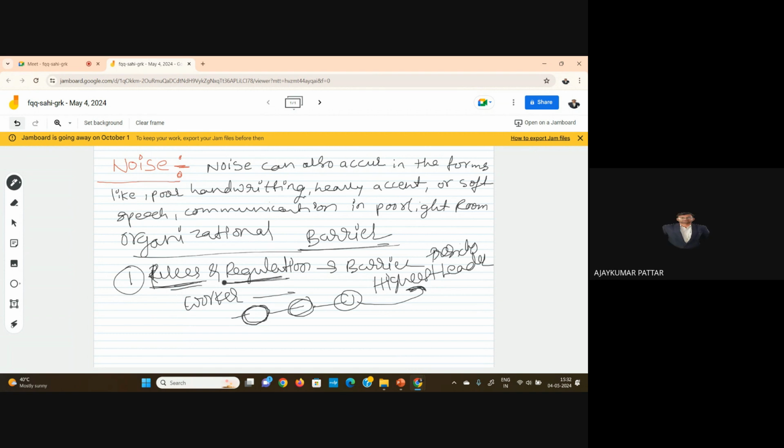Like that, rules and regulations in an organization sometimes act as barriers to effective communication. The worker should not directly go to the president of that party. This is an example.